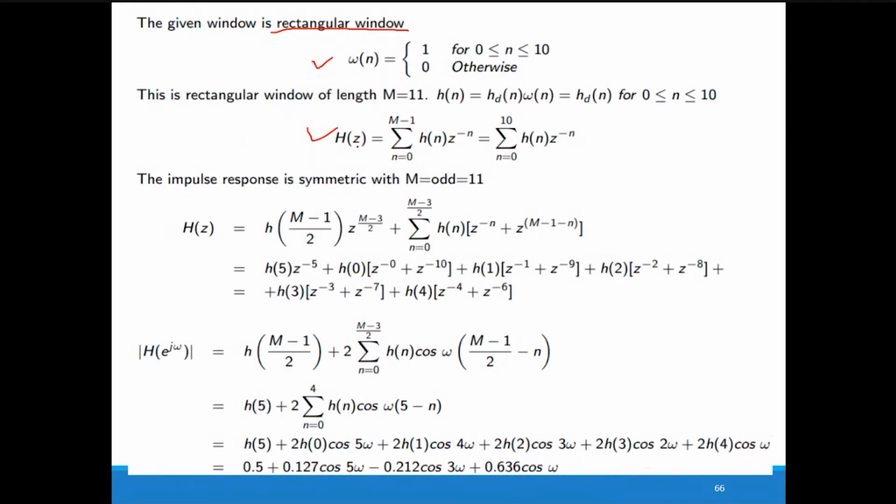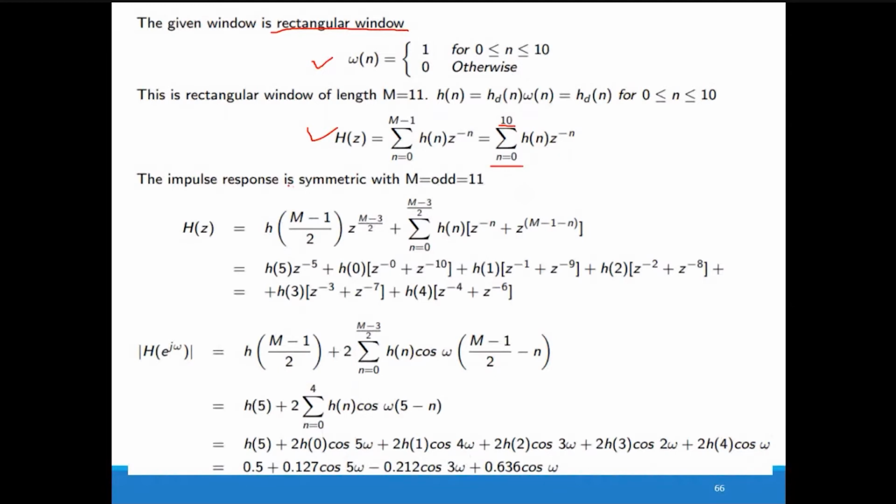H(z) is given as summation from n equal to 0 to M minus 1 of h(n) into z raised to minus n. As M is equal to 11 here, we take M minus 1 as 10.